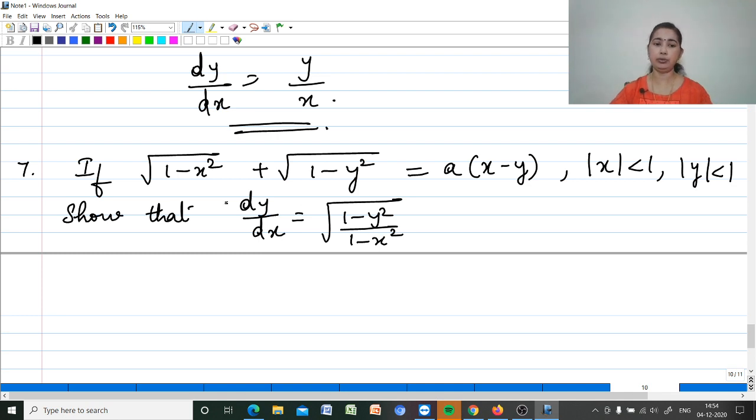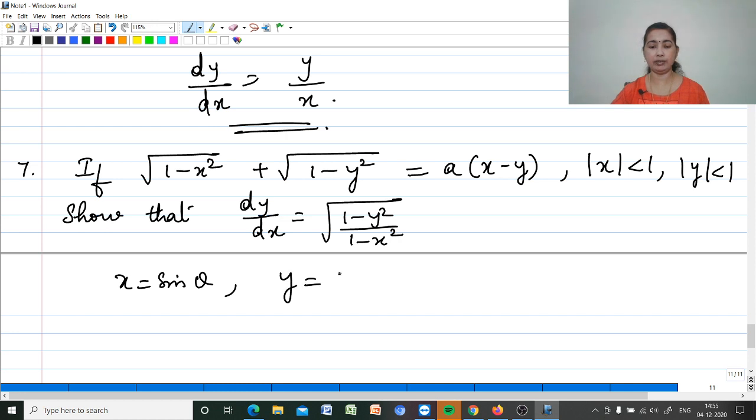Now in order to prove this, we have to give substitution for the result. We can give x equal to sine theta, whereas y we can give it as sine phi.